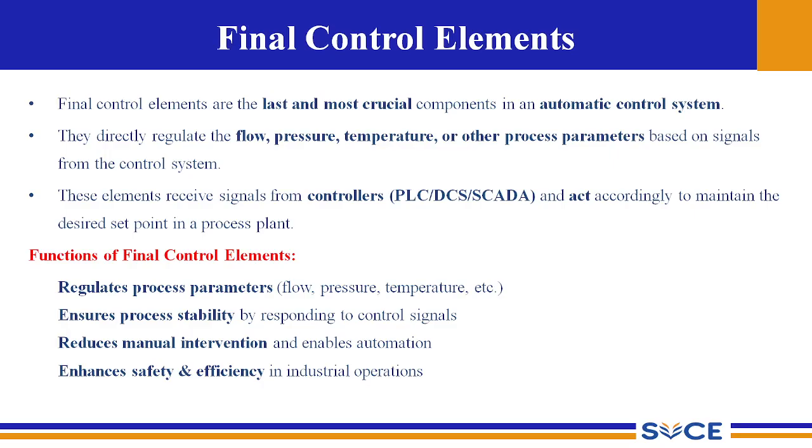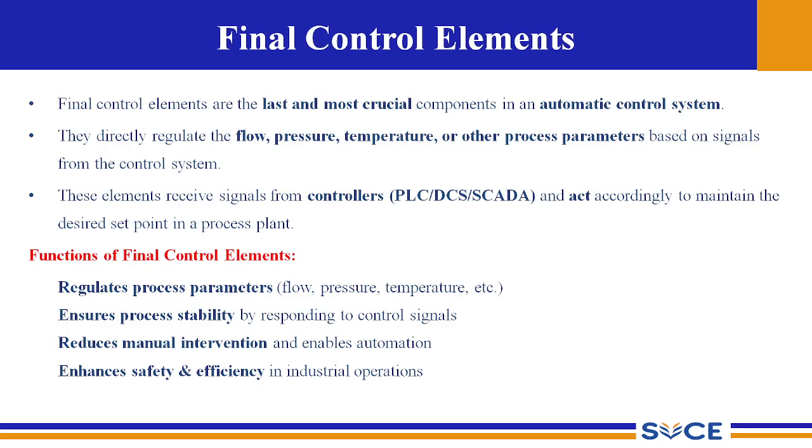Suppose we have a set point of temperature, let us say 60 degrees centigrade. Now according to that desired set point, the final control element will receive the controller's signal, whether the set point should be maintained at 60, or if there is any change in the set point, if the temperature is moving higher, let us say 65 degrees centigrade. Now the final control element has to take the necessary action based on the signal from the controller.